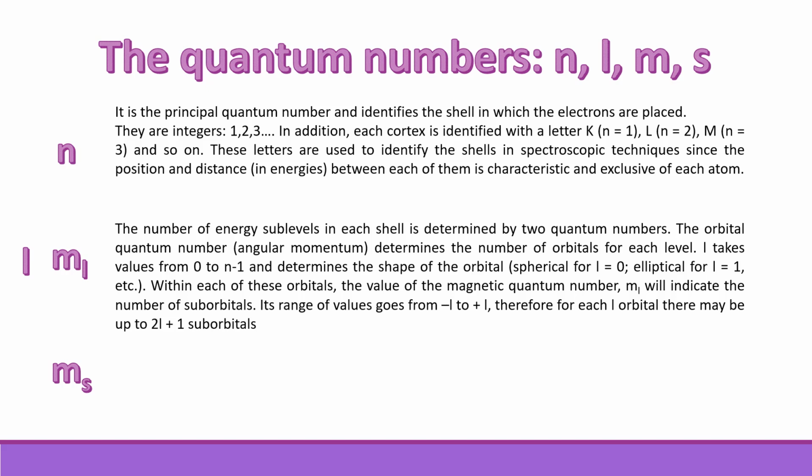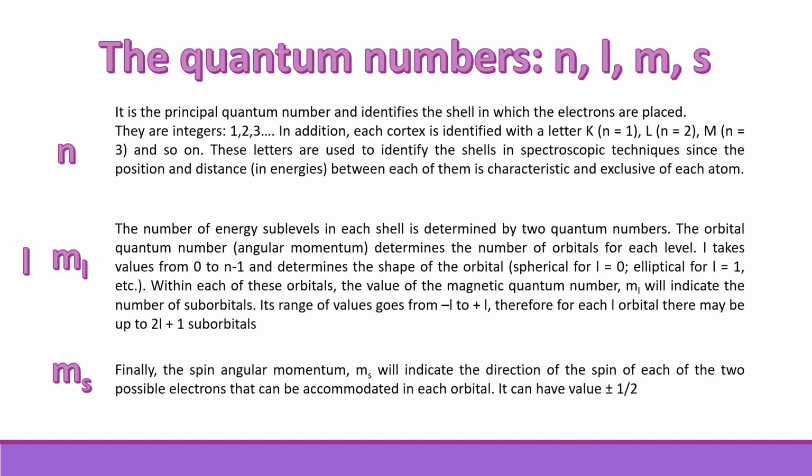But within each of these orbitals, the value of the magnetic quantum number will indicate the number of suborbitals within each orbital. And the range is from -l to +l. Therefore, for each l, there may be up to 2l+1 suborbitals.